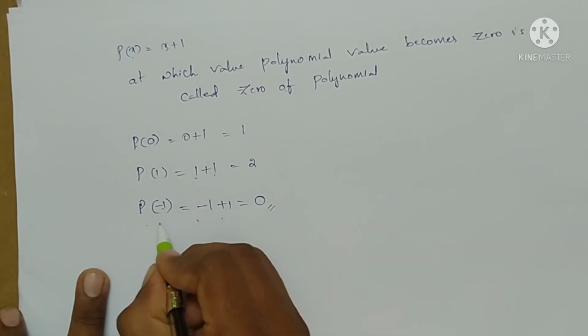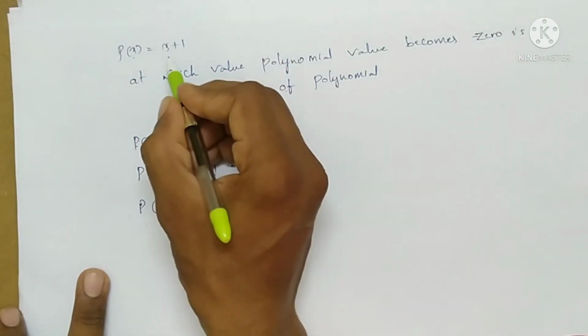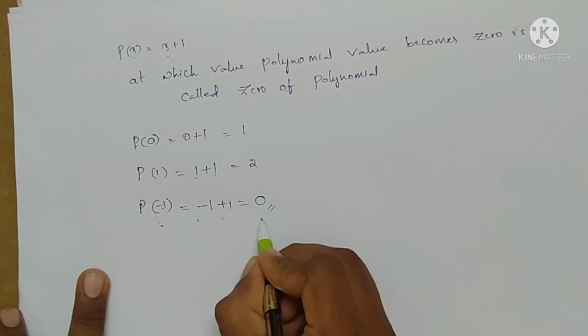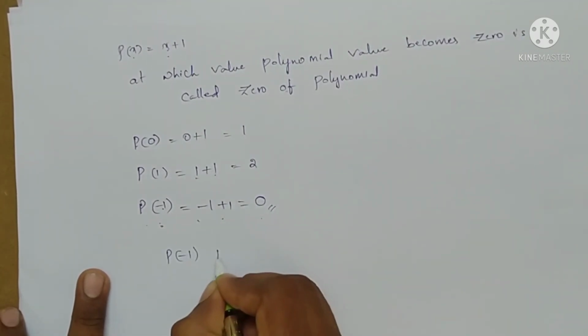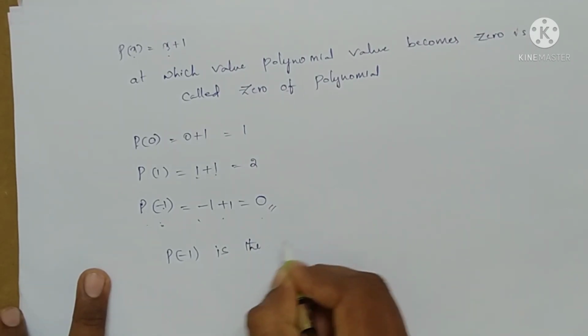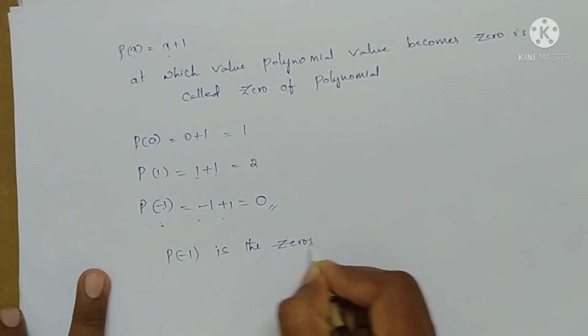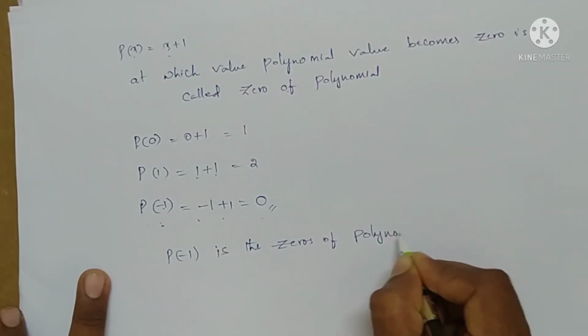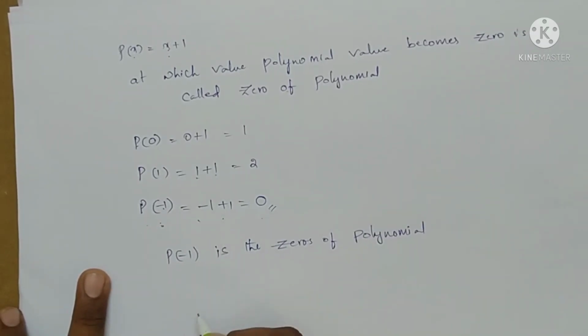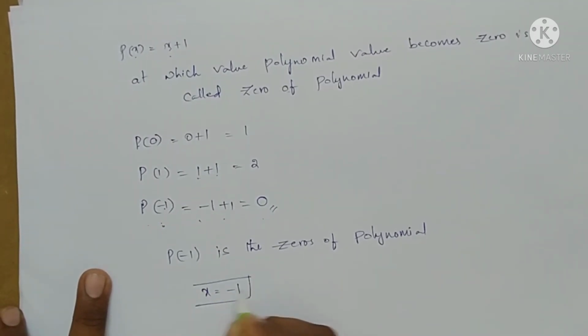When x equals minus 1, our polynomial result becomes 0. So x equals minus 1 is the zero of the polynomial.